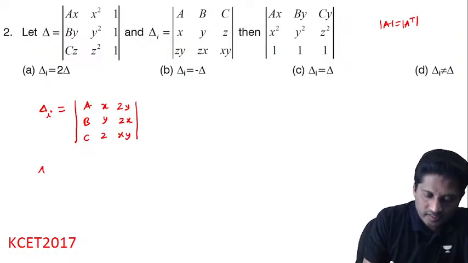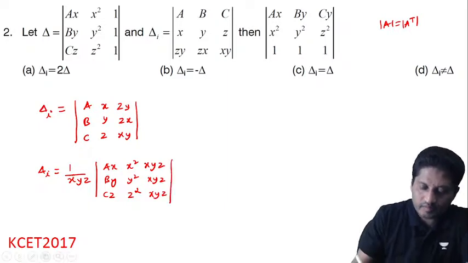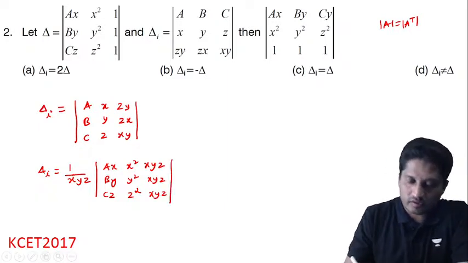Now delta I is equal to multiplying and dividing by X. The first row you multiply by X, so you get AX, X square, XYZ. The second row you multiply by Y, you get BY, Y square, and XYZ. The third row you multiply by Z, this is CZ, Z square, and XYZ. I am going to take XYZ common from the last column.